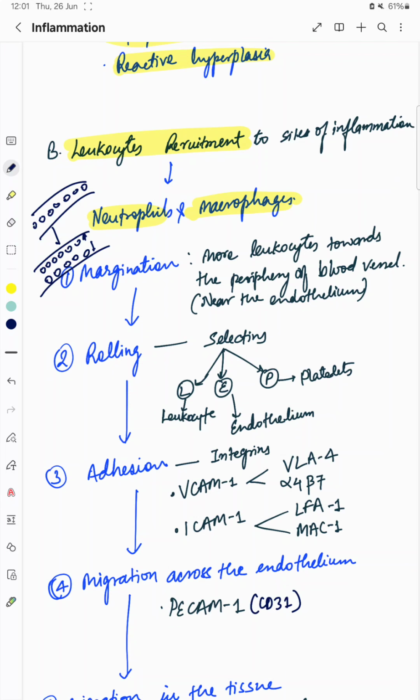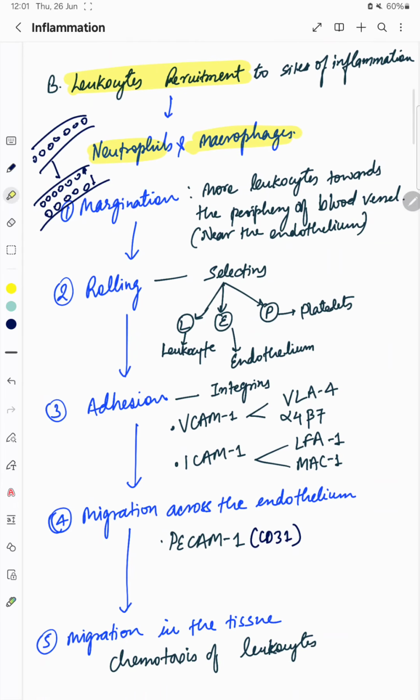After this margination, they start rolling with the help of selectins. Selectins are proteins. There are three types of selectin: L-selectin present on leukocytes, E-selectin present on endothelial cells, and P-selectin present on platelets.